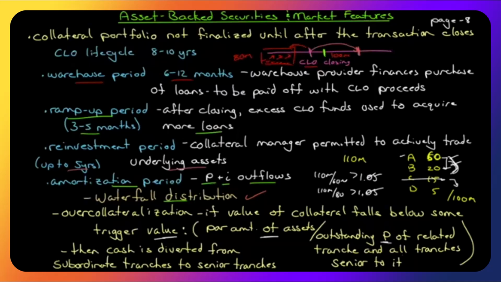A market value CLO says, do not use the par amount, use the market value. Because the par amount is 110, but the market value can drop or it can increase and drop. CLOs are not marked to market. And so there's no reason why they need to change the par value of the assets or the underlying that they have, but the market value may change.